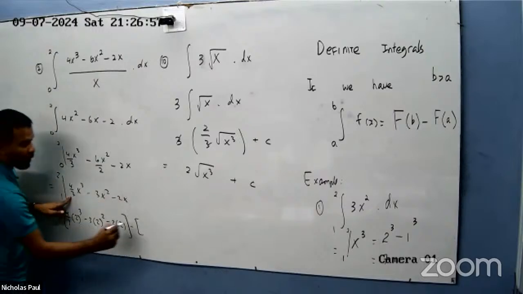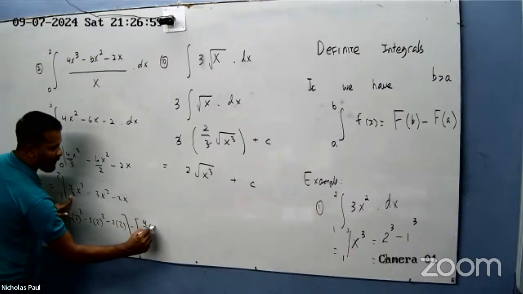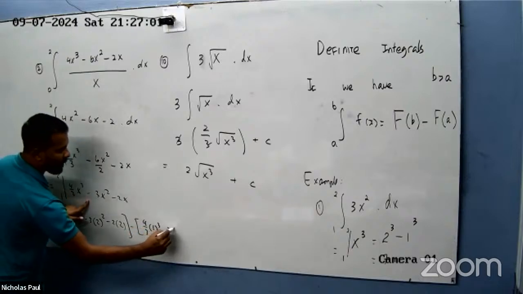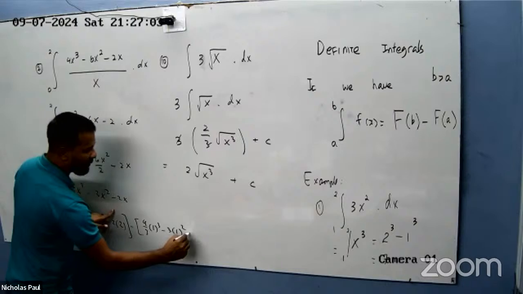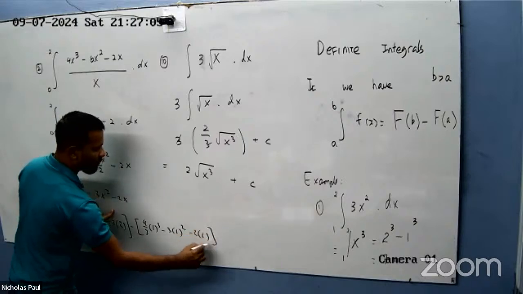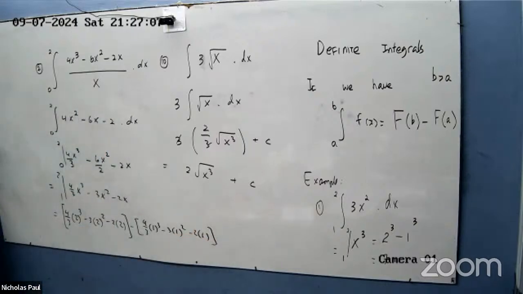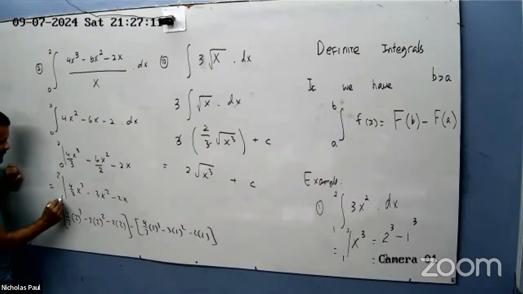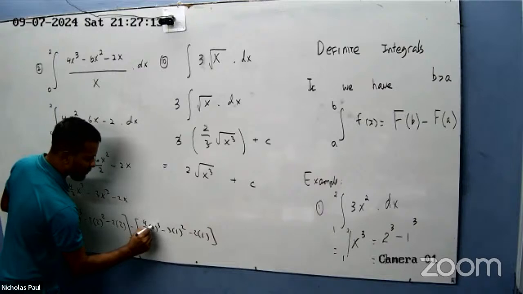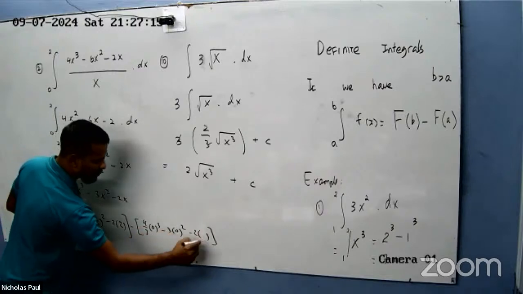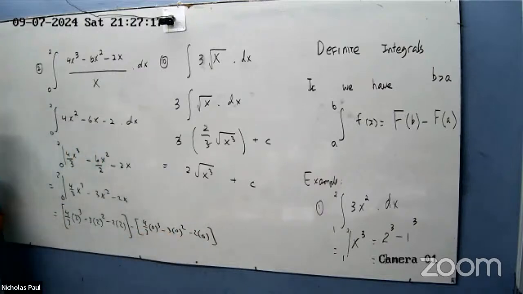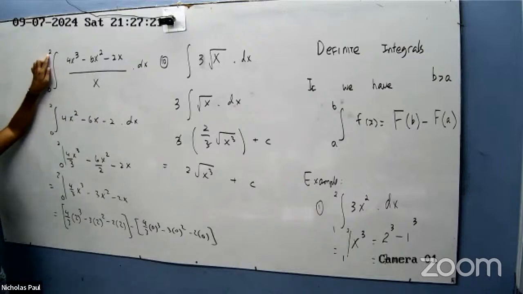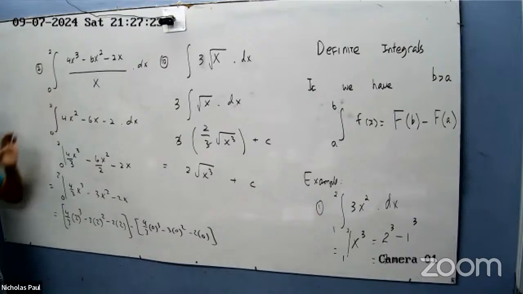So putting in 1, I'll get 4 over 3 by 1 cubed, 3 by 1 squared, minus 2 by 1. Sorry, I changed it, it's 0. Thanks. Follow? I just integrate and I plug in this, work it out. Plug in this, work it out, then minus. That's all I'm doing.